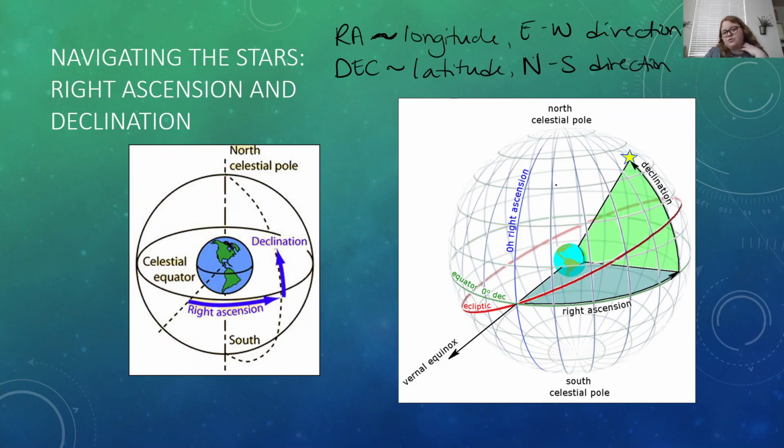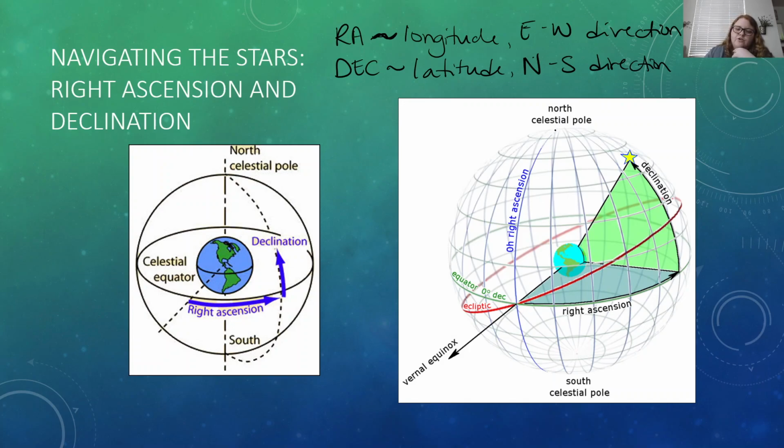If we look at this right-hand side image over here, we can see Earth in the middle, then the celestial sphere surrounding it. We have the equator at 0 degrees declination.